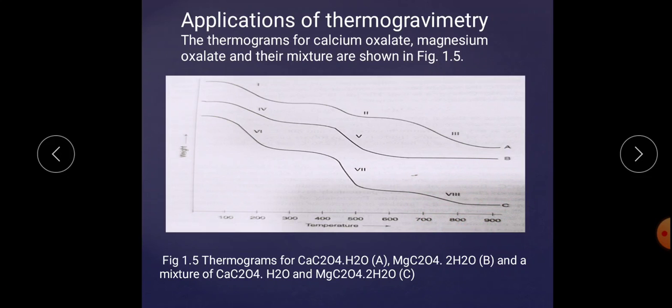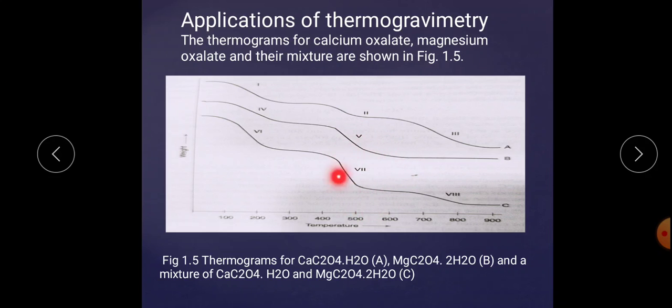Hence the amount of calcium present in a mixture can be calculated. Means the total amount of weight loss from the CO2 from CaCO3, by comparing it, we can calculate the exact weight of calcium present in this mixture. Similarly, the amount of magnesium oxalate in the mixture can be calculated from this second step, or it can be considered as the seventh step.